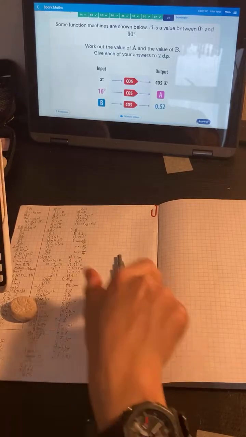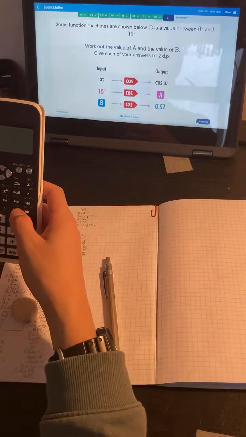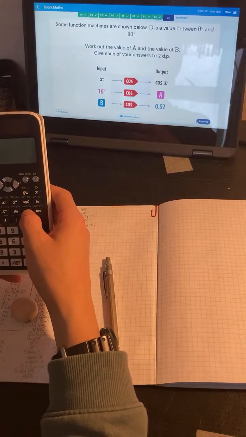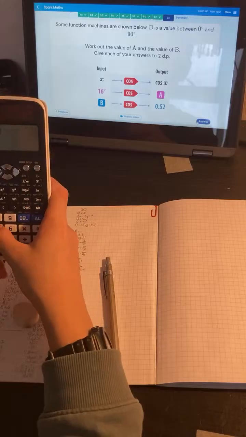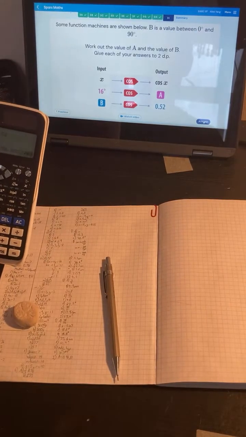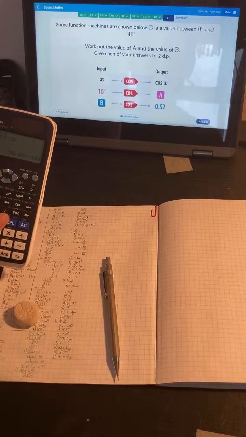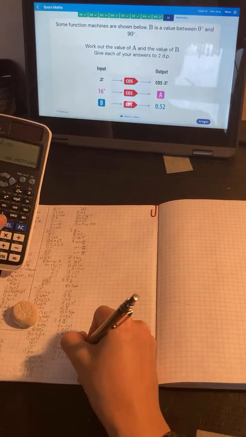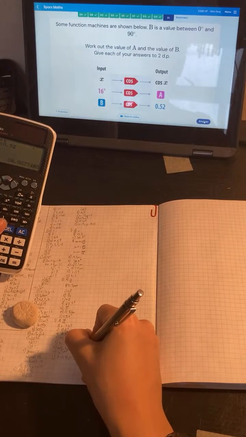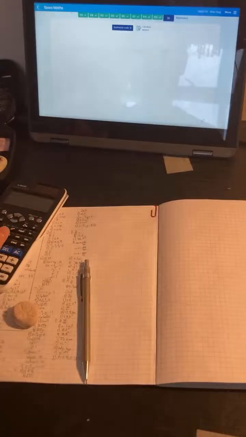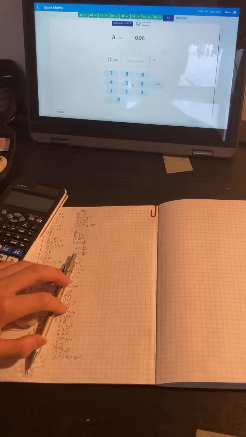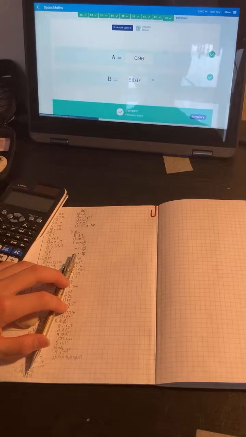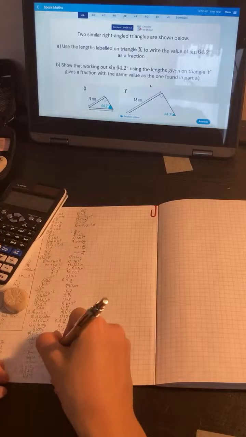B equals inverse cosine of 0.52, so 58. I need to write this down. 58.676767, my bad. 58.67. Boom. Right, 4.